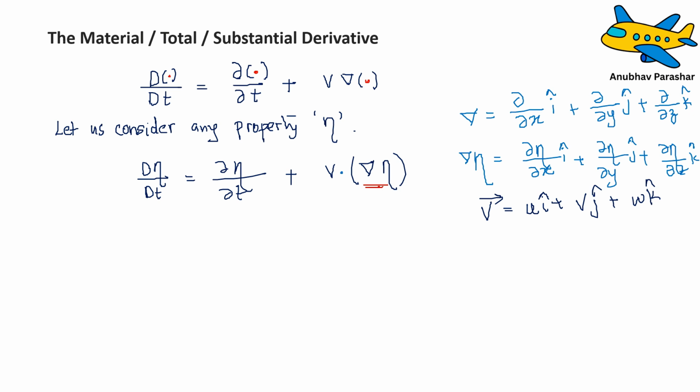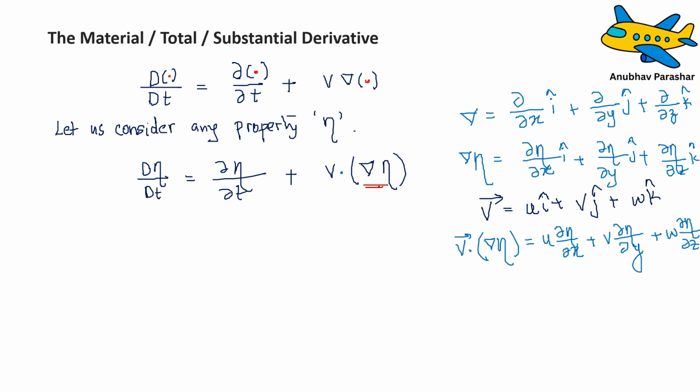Now if you take the dot product, V dot del eta, this is how it will look: u del eta by del x, plus v del eta by del y, plus w del eta by del z. Don't worry, we will simplify it even more for you to understand. I hope that you know what the del operator and the dot product are.